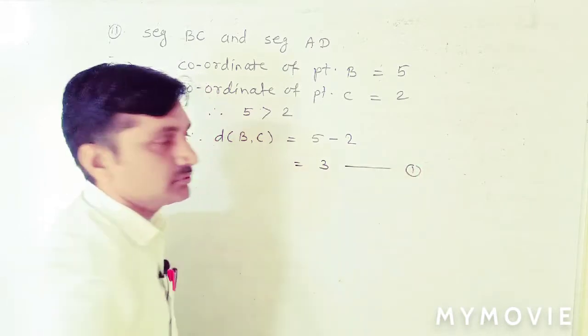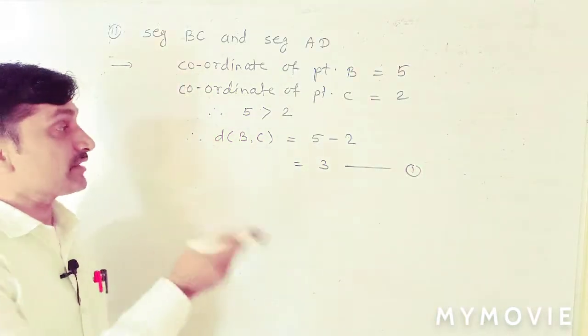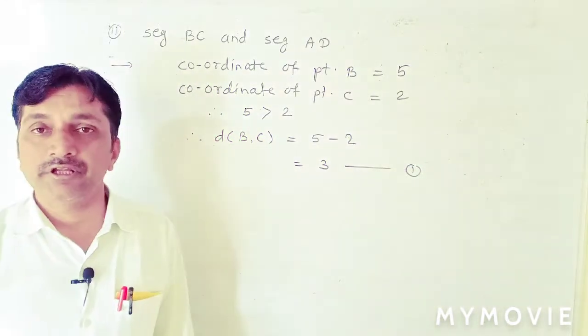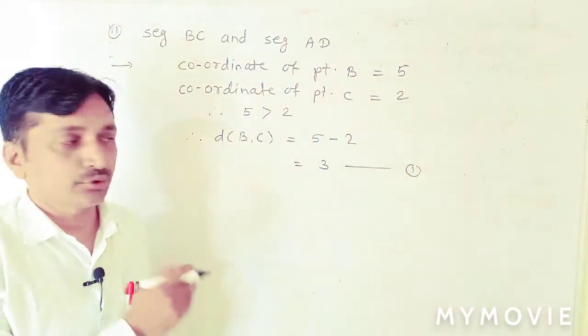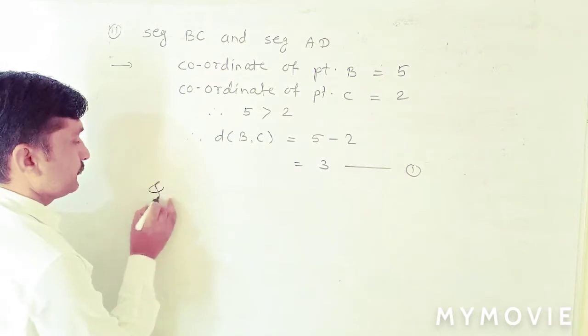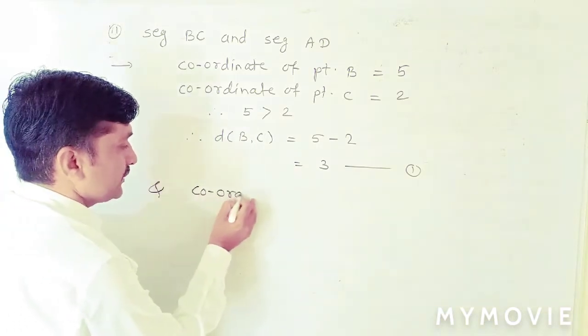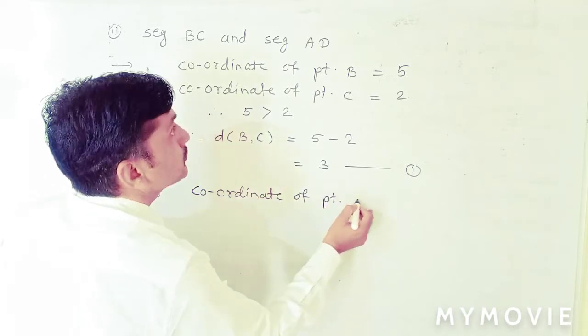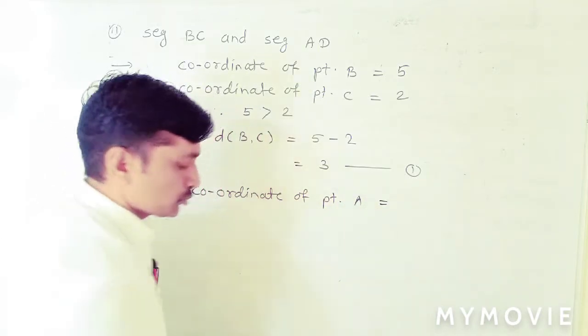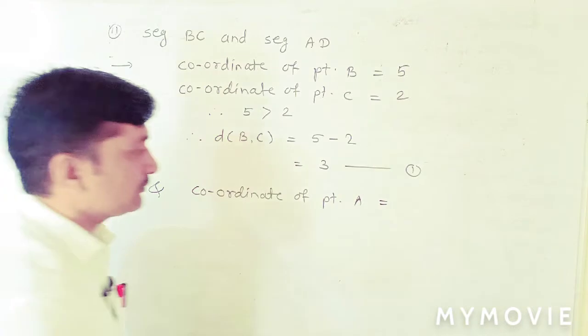Give here number 1. If we get the second distance also the same, then they are congruent. If the second distance is not 3, then not congruent. And now find out the second. Coordinate of point A is given here in the table, -3.